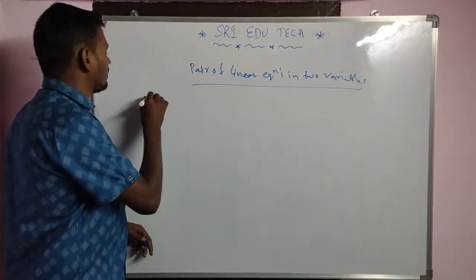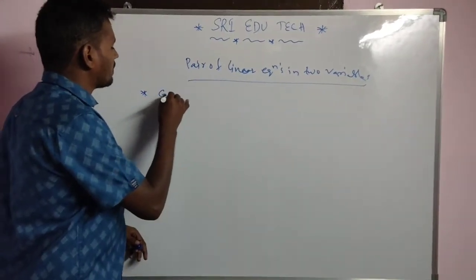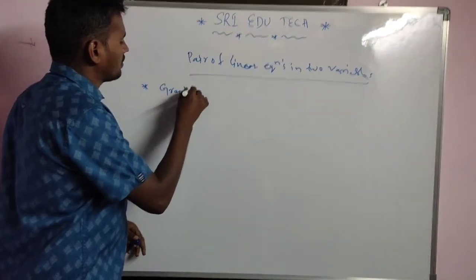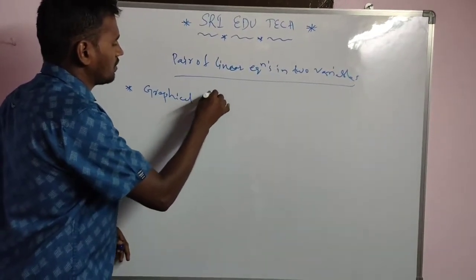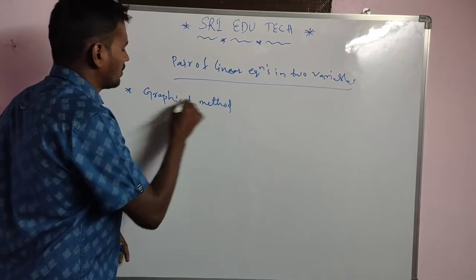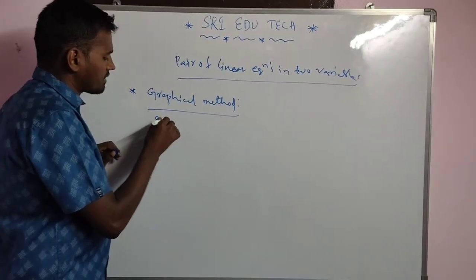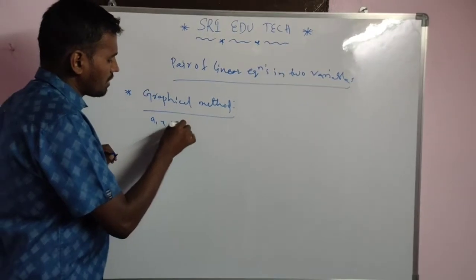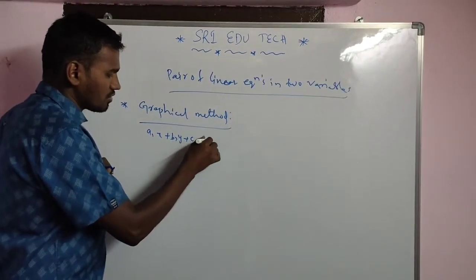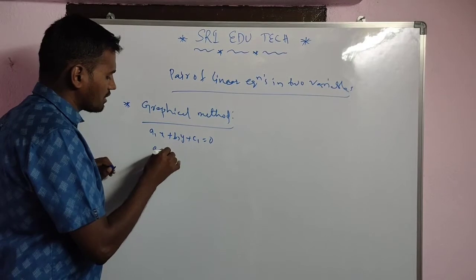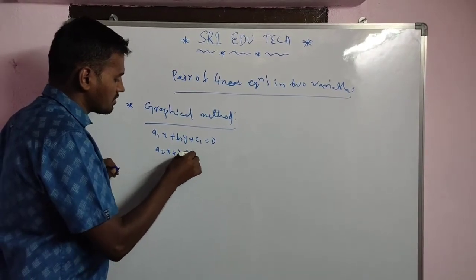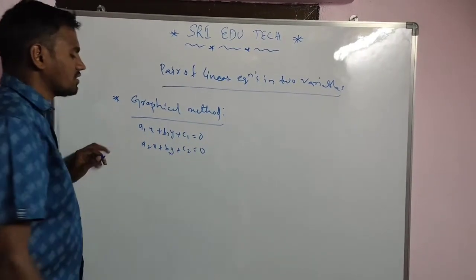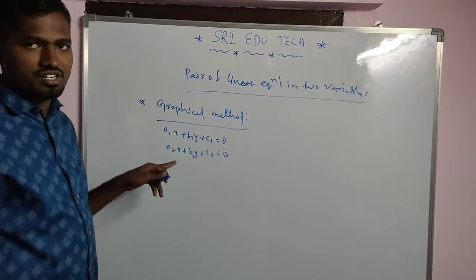First one, graphical method. Suppose a1x plus b1y plus c1 is equal to 0 and a2x plus b2y plus c2 is equal to 0. These two are the pair of linear equations.